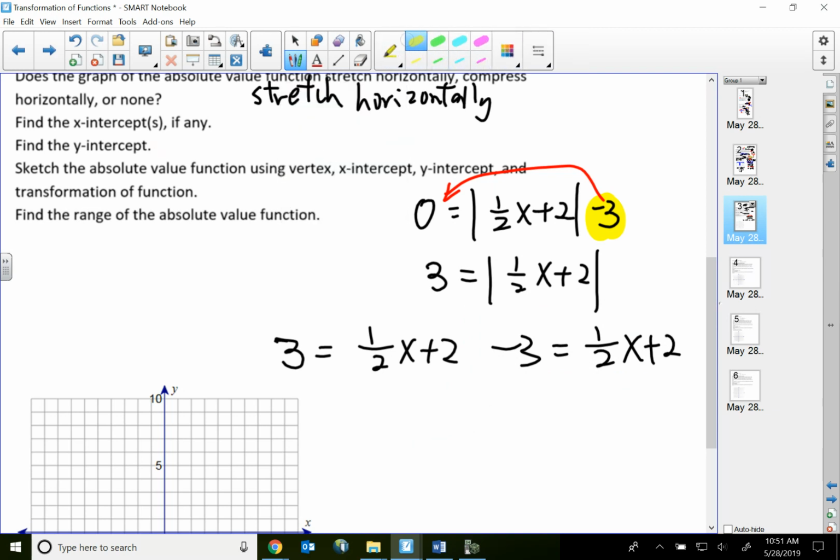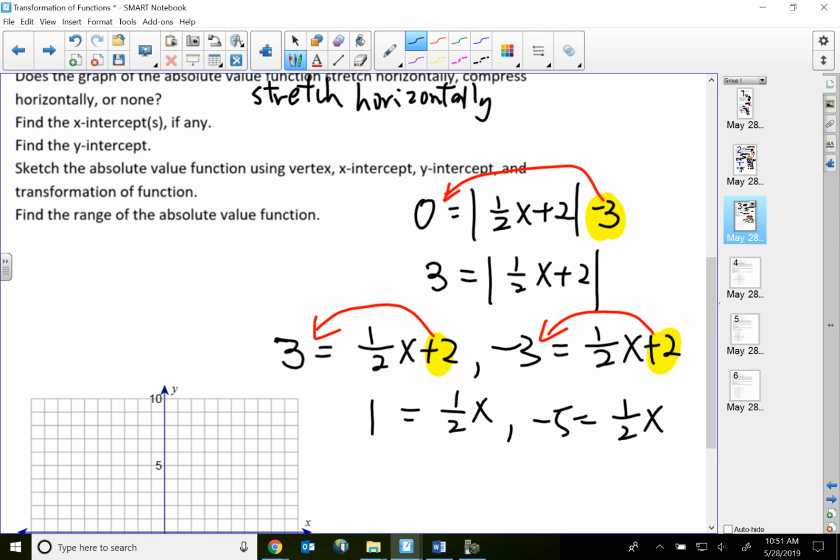Move my plus 2 to the other side, and I get half x equal to 1. The other equation is half x equal to negative 5. Multiply both sides by the LCD 2, or times the reciprocal. x is equal to 2. The other one, x equals negative 10. So my two x-intercepts are (-10, 0) and (2, 0).